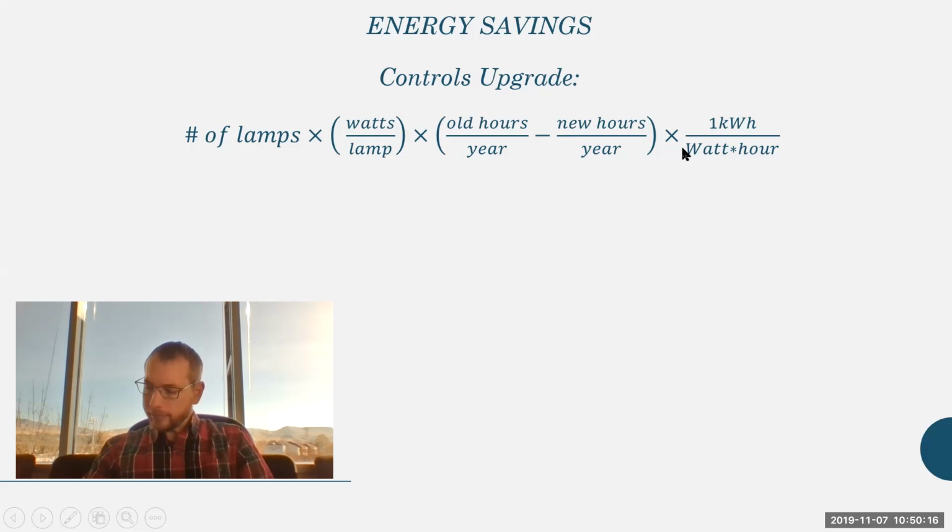Another thing to consider, though, is especially talking about incandescent lights, right? They require a whole lot of energy to run, but of the energy that they're outputting, a lot of that is in the infrared spectrum, not necessarily the visible spectrum, and they're adding heat to the space.